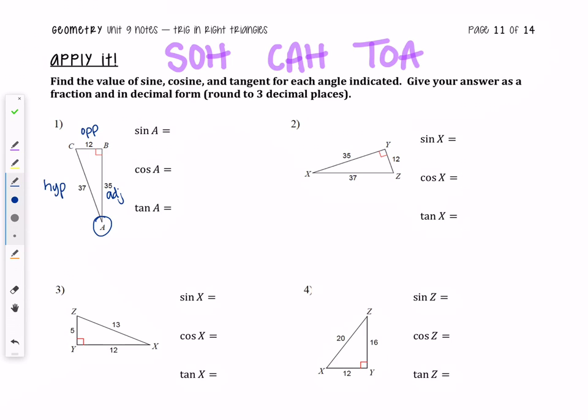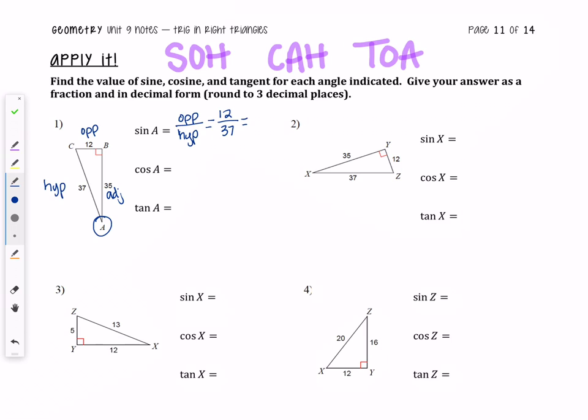So sine, we said sine is opposite over hypotenuse, okay? My opposite for this triangle is 12. My hypotenuse is 37. So 12 over 37, and then we want to actually divide those and get the decimal approximation as well.